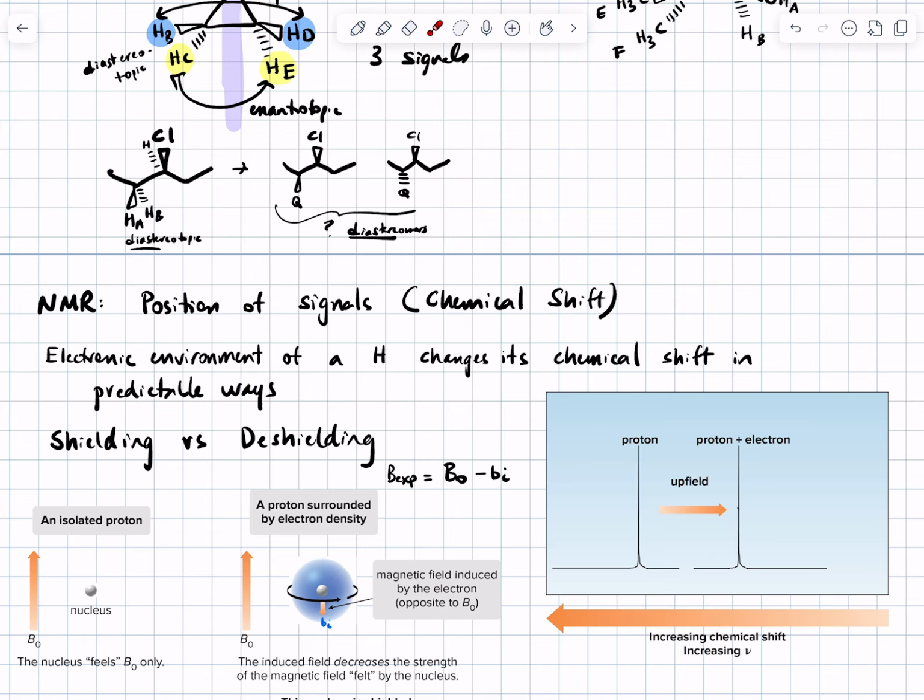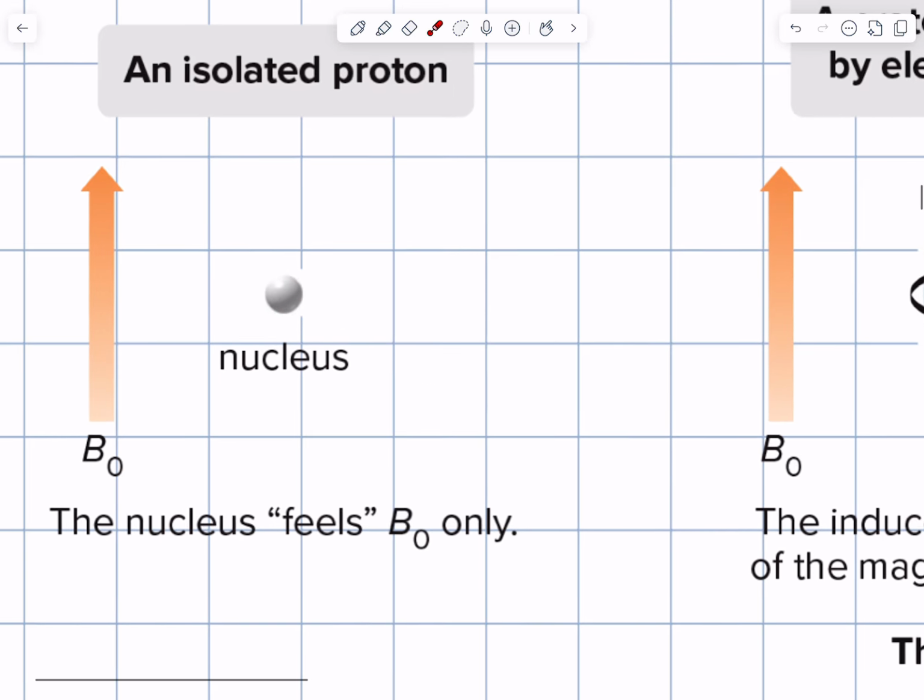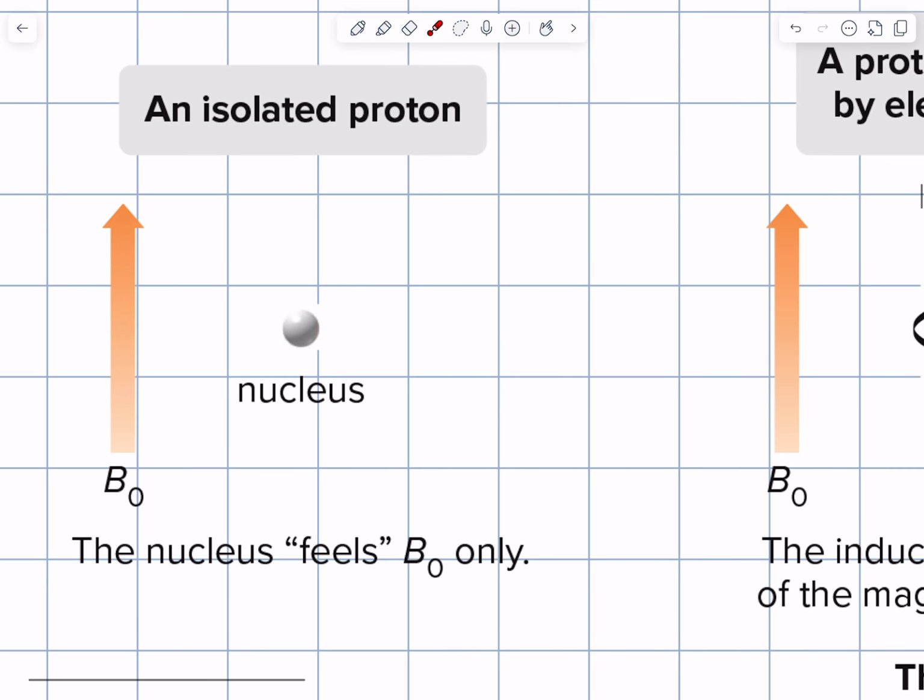To understand this, you've got to know something about electrons. And that is from physics: in the presence of a magnetic field, electrons tend to circulate, and circulating electrons generate their own magnetic field. So zooming in on this diagram, here is an isolated nucleus that is not surrounded by electrons.